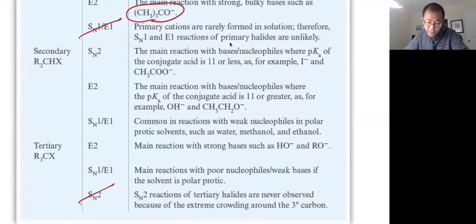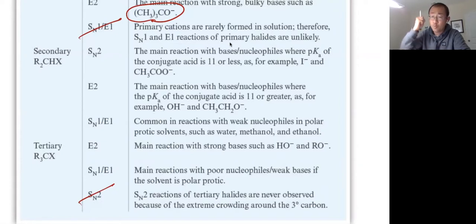Lastly is secondary. You have all competing. That's the most hard to judge, but still you have a lot of clues because the condition will tell you a lot. If we have a secondary, you have all reactions possible, but very similar like we discussed. If you have a strong nucleophile and a weak base, you will have SN2 dominant.